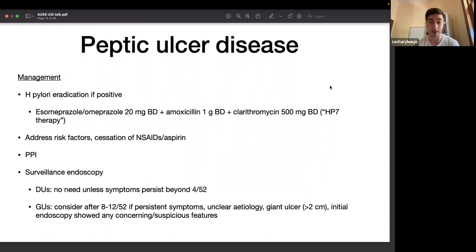The risk of cancer is higher with gastric ulcers, so roughly 2 months down the line, and if they've got any suspicious features on their initial endoscopy, if the cause of the initial ulcer is unclear, if it's quite large in size, or if they have persistent symptoms, then they need a surveillance endoscopy as well.